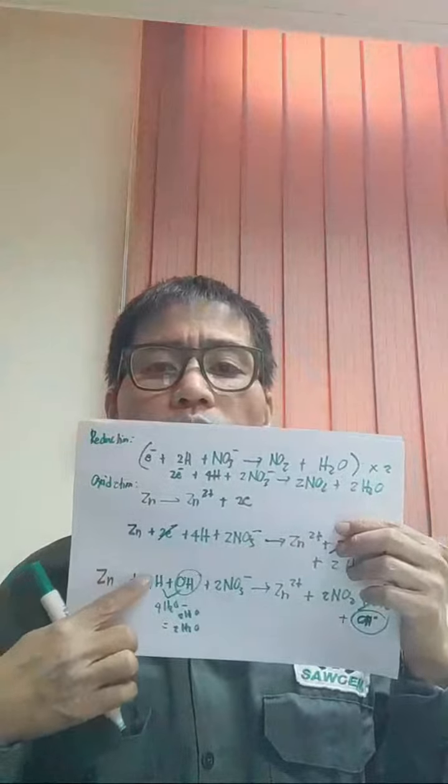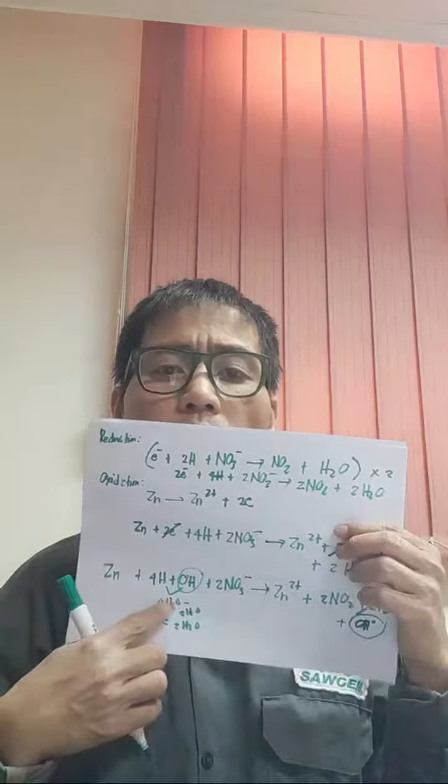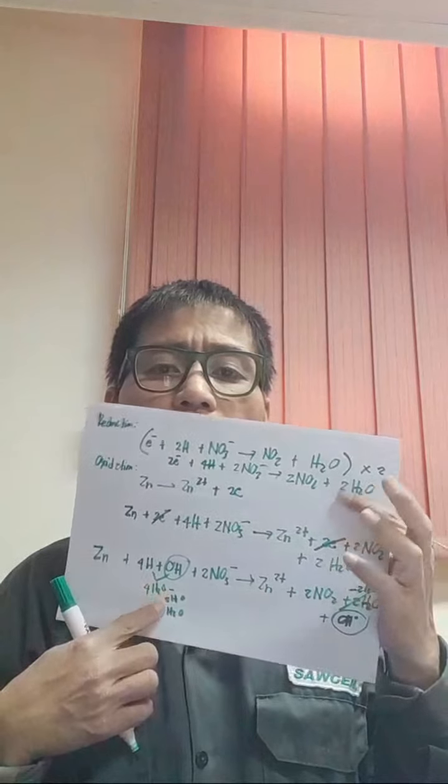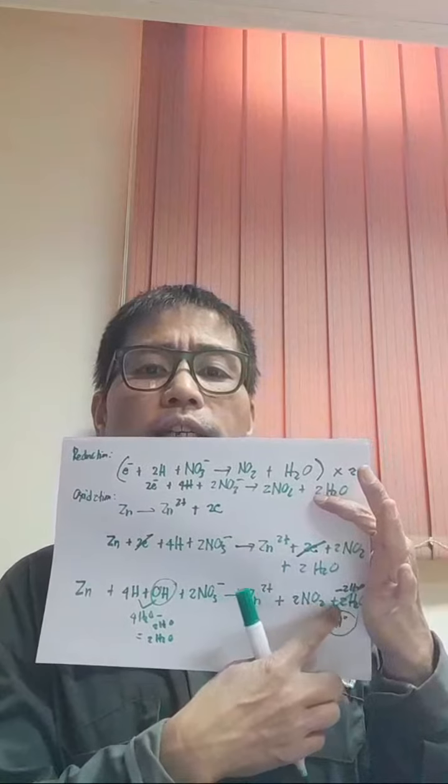So minus 2 moles of water equals 0. Since this is 4 water minus 2 moles of water, this equals 2 moles of water. So here will be 4H2O minus 2 moles of water. Because there are 2 moles of water here, 2 moles of water minus 2 moles of water cancels out, 0. So here we still have 2 moles of water.